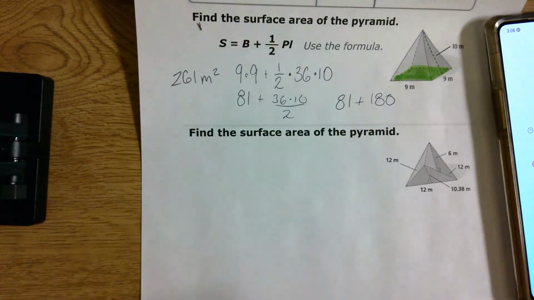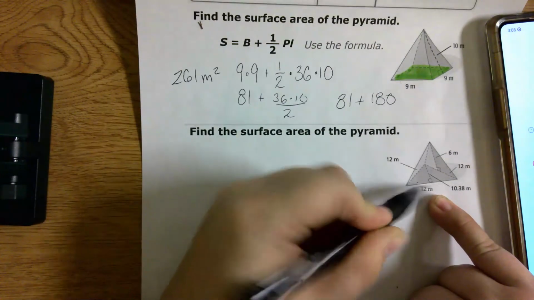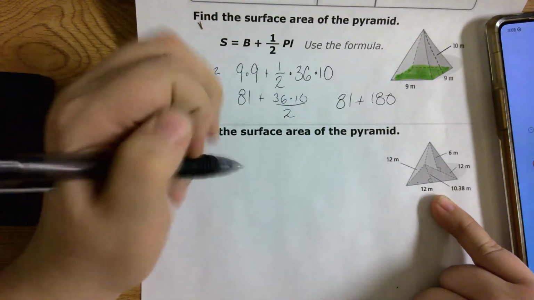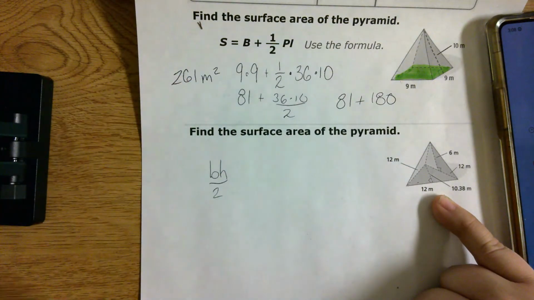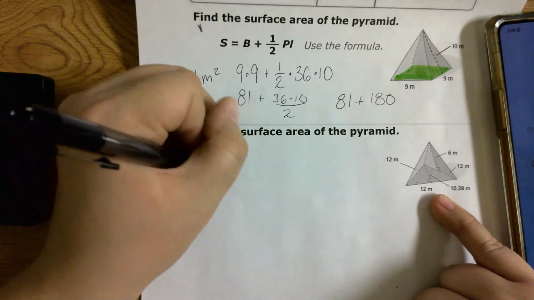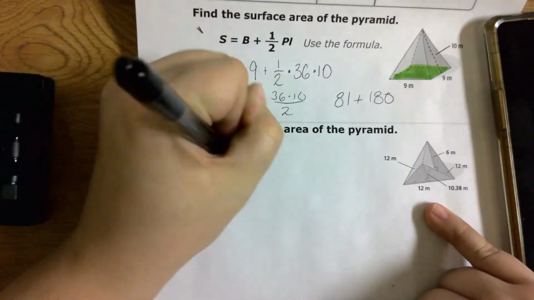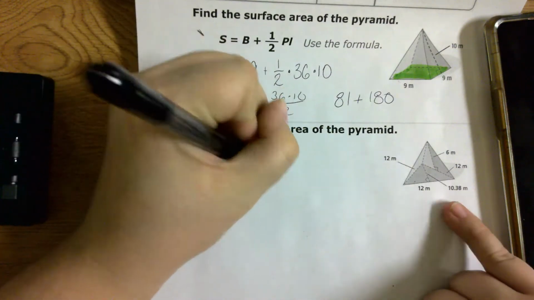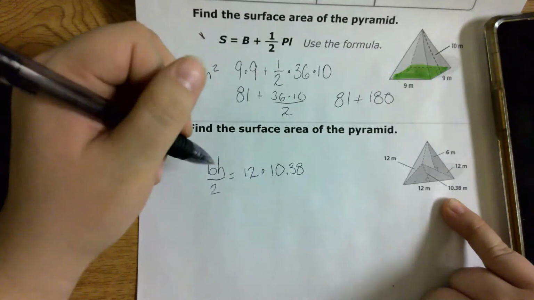Now, this is where you are going to have to go back and think, okay, what is my base? In this case, it's a triangle. So I need to understand that a triangle is base times height over 2. So that would be 12 is my base, 10.38 is my height.